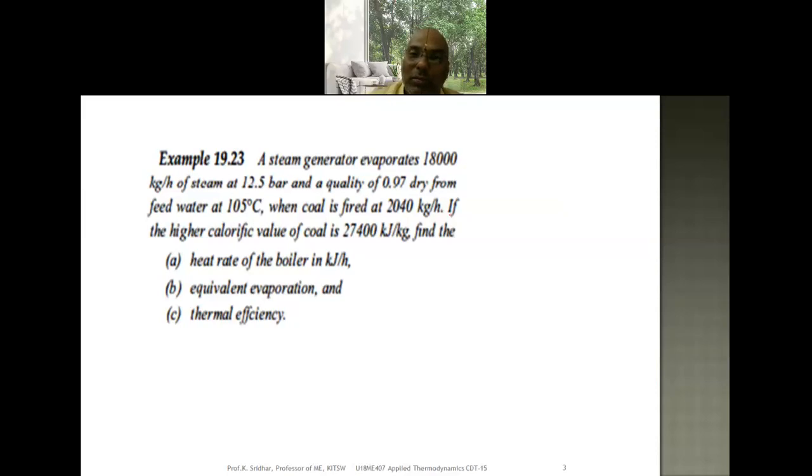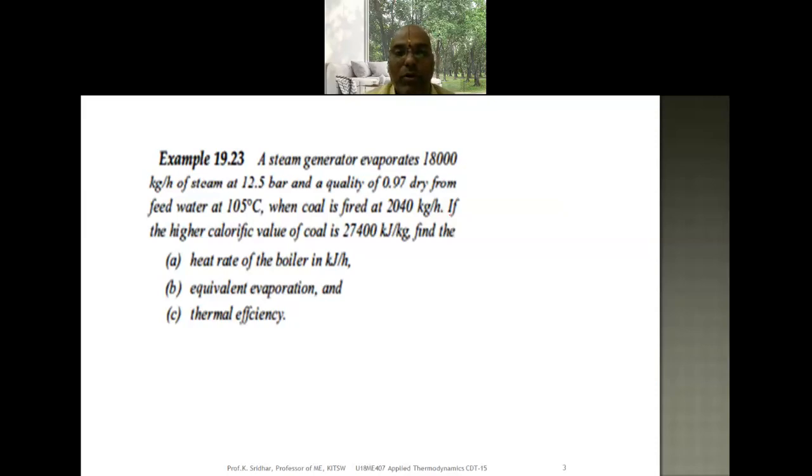Based on the previous class introduction, today we are going to solve some problems on the performance of a boiler and on the boiler trial. In the last class we also solved three problems on the performance of the thermal power plant. Now let us solve the other problems on the boiler trial.